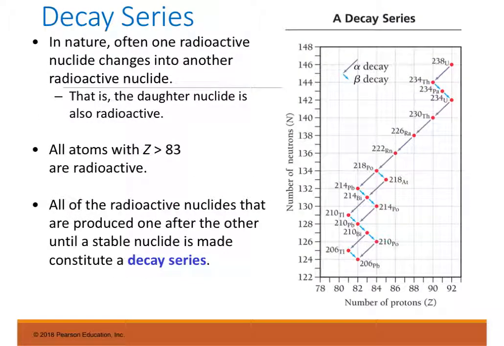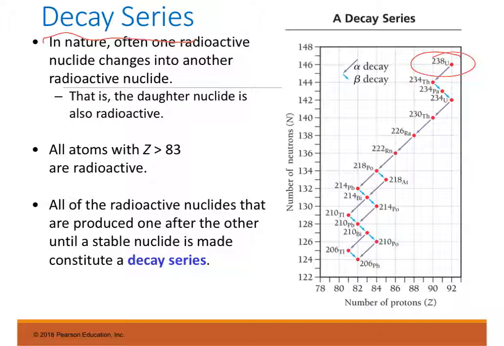All right, and finally, every now and then I've seen a question of these, particularly on the final. We have something called natural decay series that happen spontaneously in nature. And so one of the common ones starts with uranium-238. And so if somebody gave you a graph and asked you to interpret it, that's all I would expect you to do.